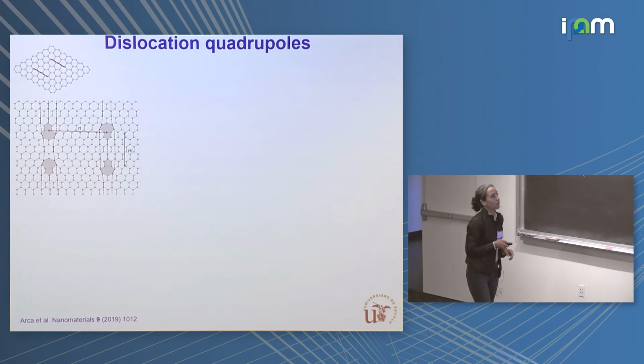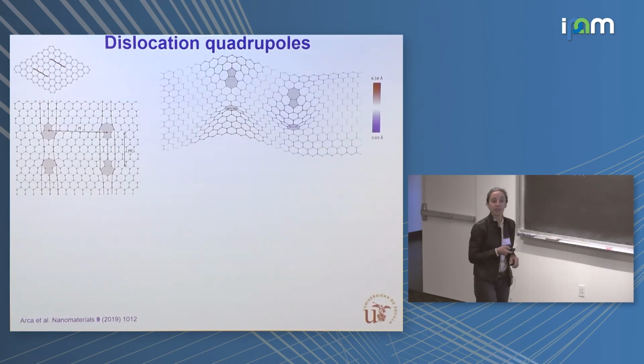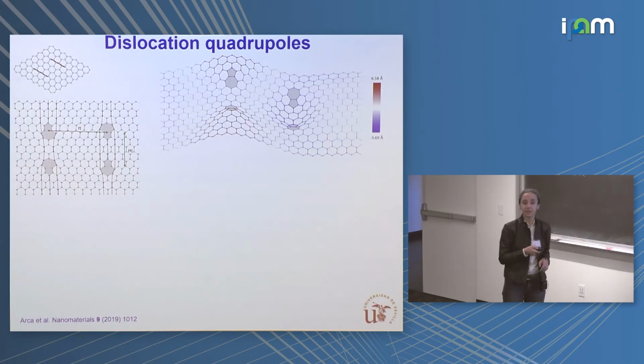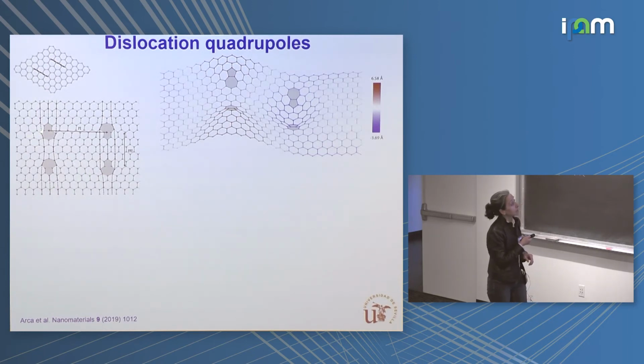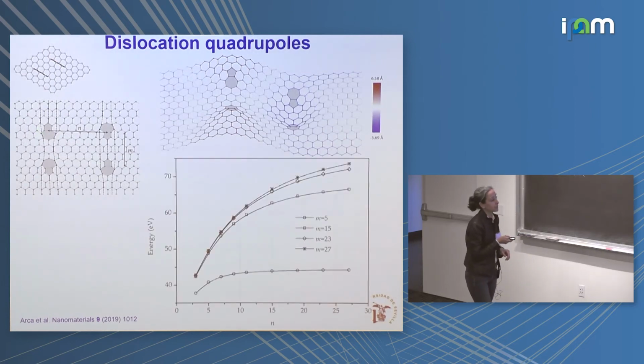Okay, so what happens with the quadrupoles? Well, here again, you have the out-of-plane displacements. In this case, you are going to have 4, 5, 7 rings. We introduce our defects this way. This is the lattice, the core of the dislocations before and after relaxation with the out-of-plane displacements.